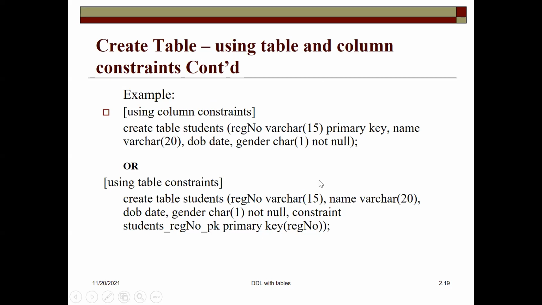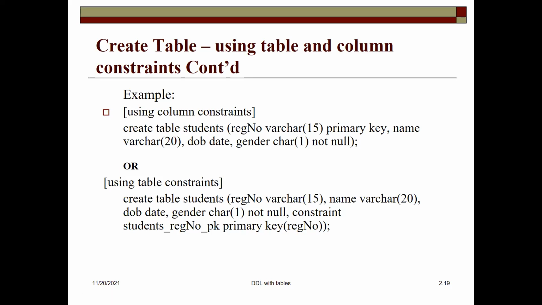Can you kindly show me what constraints you have seen in that table? This first example where we've said using column constraints, you see this first bullet? You see where there's create table students?